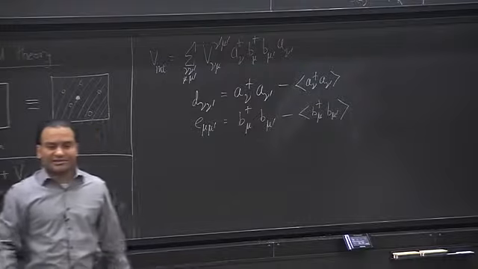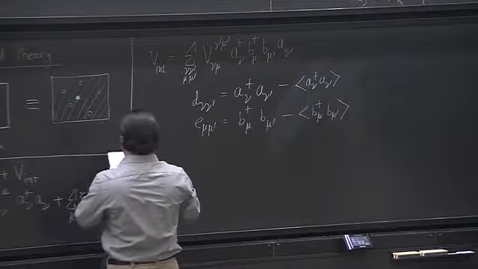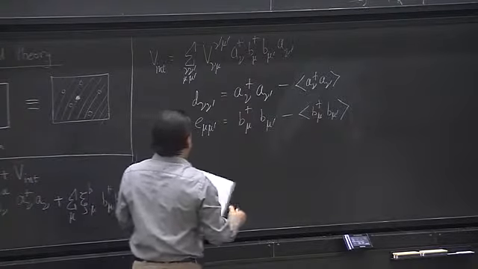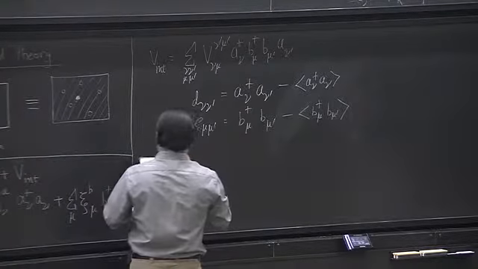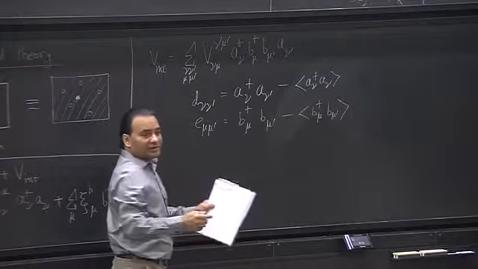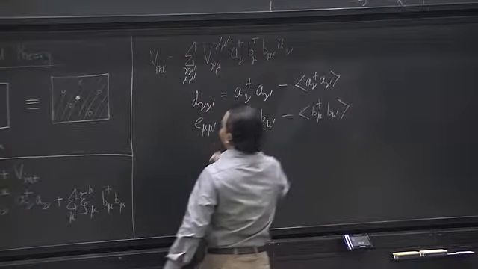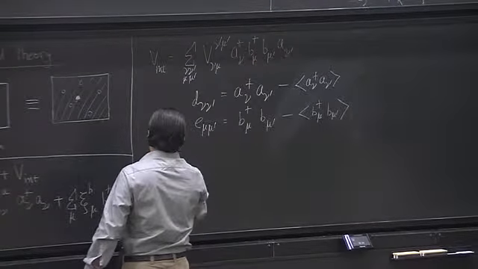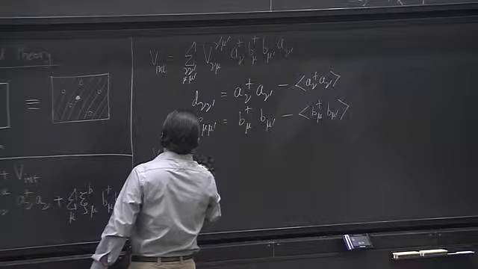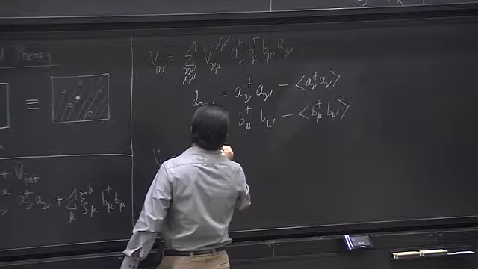So these are just some new operators that we have defined, and we can write the interaction term in terms of these new operators. Now, if we move this, so V interaction, I'm going to write it like this.